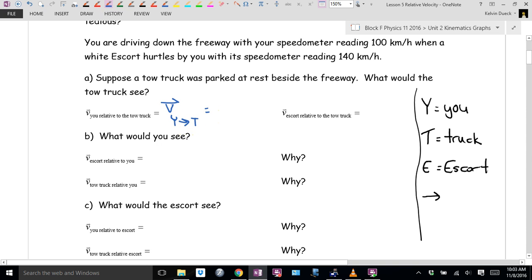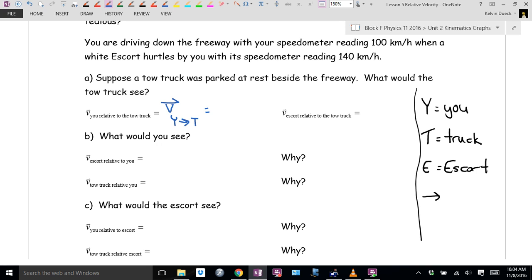All right. I'd like you to imagine the tow truck driver. You go zipping past. What does the tow truck driver see? How fast are you going relative to the tow truck driver? The tow truck driver is at rest. Don't overcomplicate it. How fast are you going relative to the tow truck driver in kilometers per hour? 100.